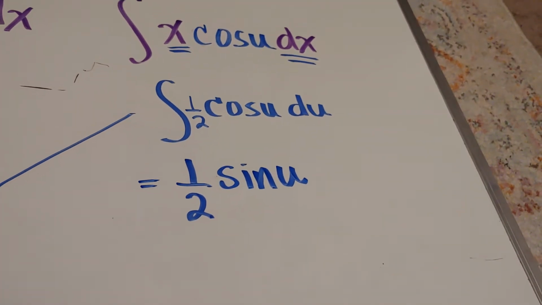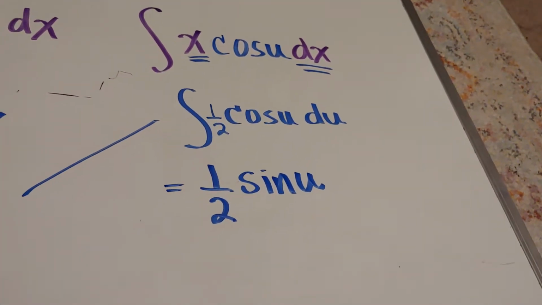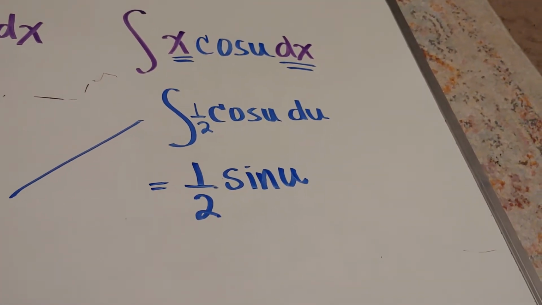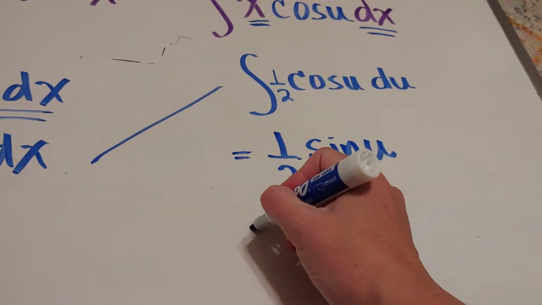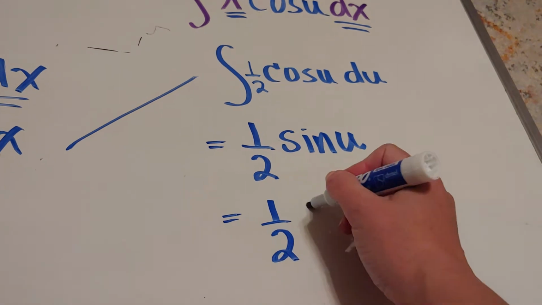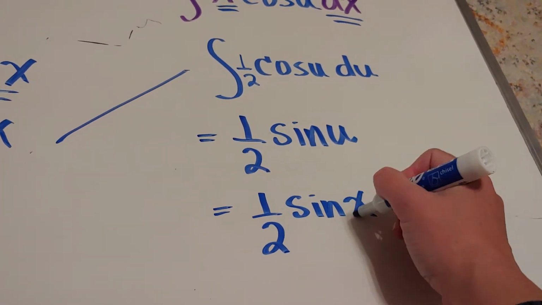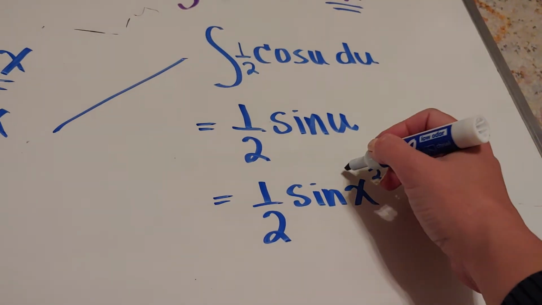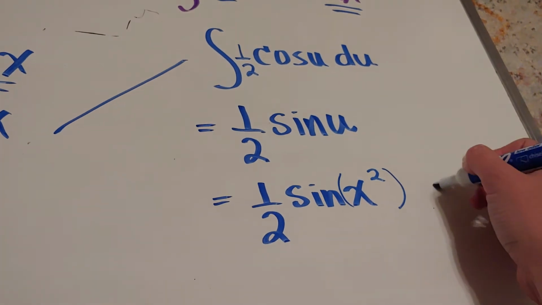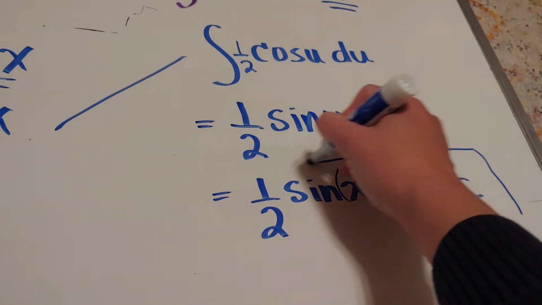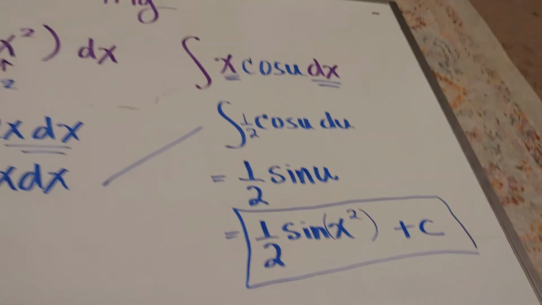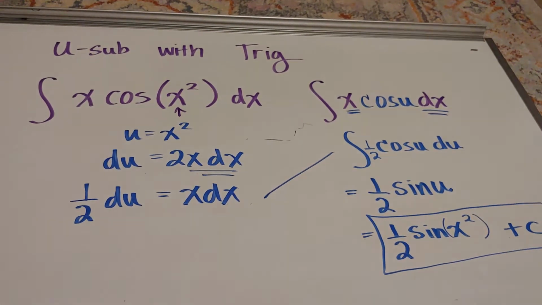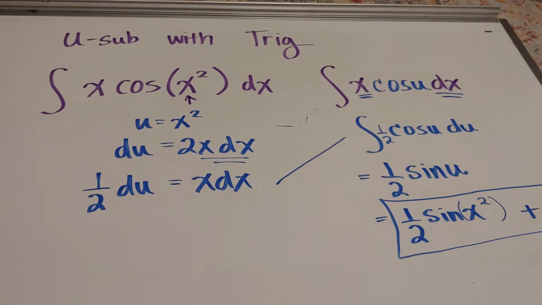A lot of students want to put a plus c and box it up. No, remember we have x's, so we need to replace u by x squared. Our final step will be replacing u by x squared, and you can put parentheses around it or not, that's your choice, plus c. So there is a second example with u-sub and trig.